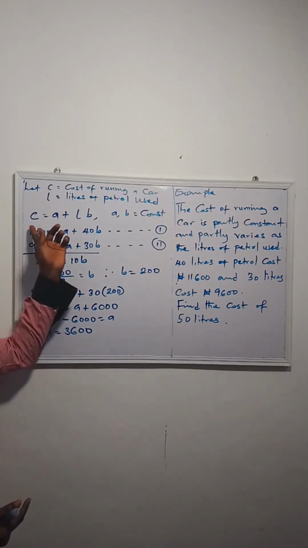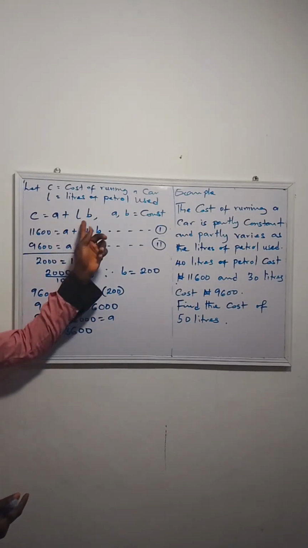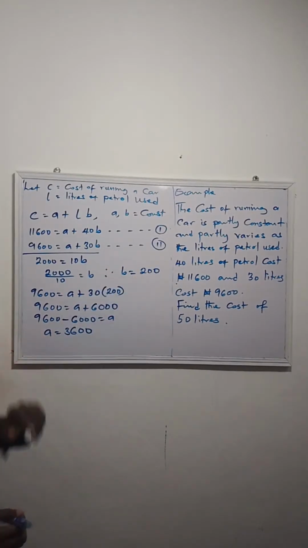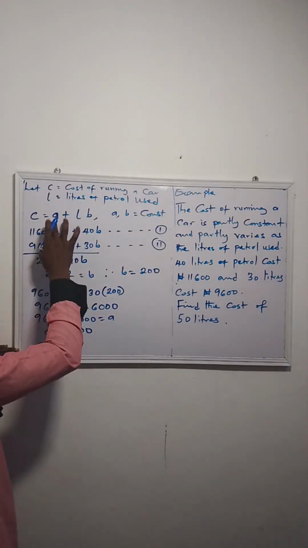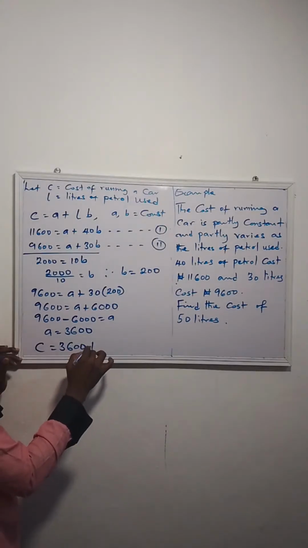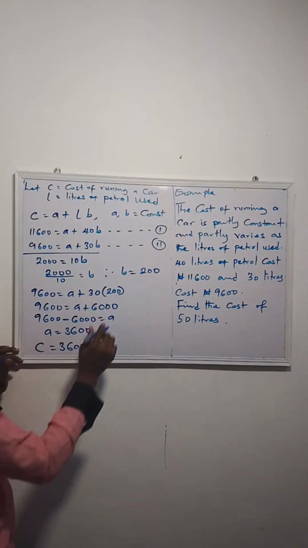So just come here, write everything here, change the value of A to what we have here, change the value of B to what we have here. And that gives us the connecting formula. So we have C equals A, that is 3,600 plus now L times B. What is B? 200.